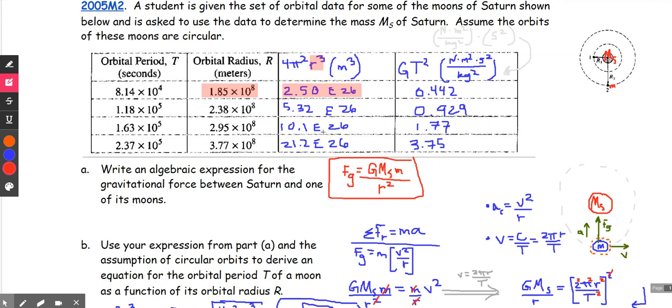And as I went through, I noticed I was getting some different values. I made sure I had it all relative to e to the 26th, and if you're not familiar with that, e in your calculator just means times 10 to the whatever power. So this says 2.5 times 10 to the 26th power. And so I made sure I put in my units right here.